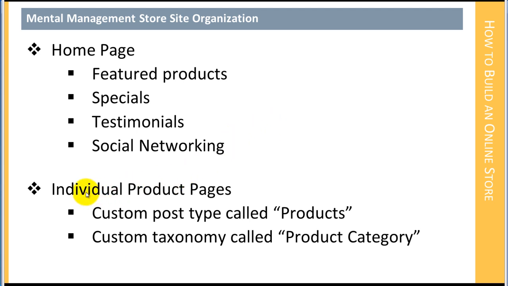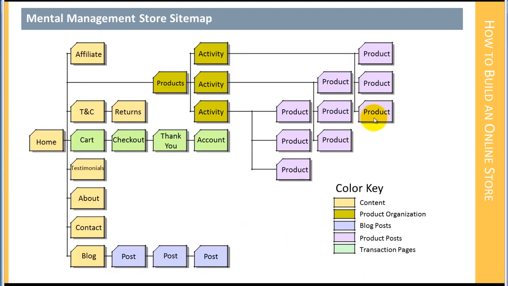And our individual product pages are going to be a custom post type called products, and they'll be organized using that custom taxonomy that we mentioned earlier called product category. So if we look at our sitemap here for a moment, these are our individual products, and this is a custom post type, and each one of these products is a post inside that custom post type called product.